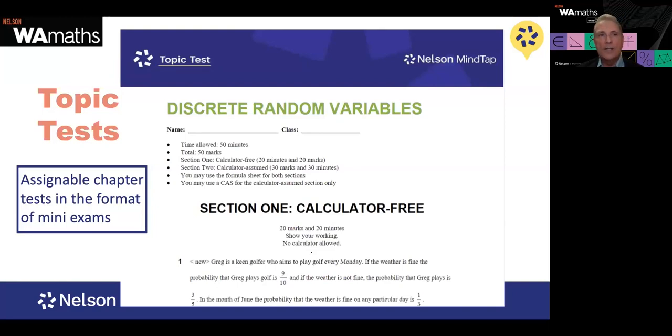It's the same thing with the worked solutions. You allocate that to students or to the whole class when you feel it is the right time to do that. So in this case, as I said, we've modeled them on the exam with the two sections. You've got a calculator free and calculator assumed, and as I said, it's a mini exam and fits in with our philosophy of trying to do whatever we can to make students exam ready.